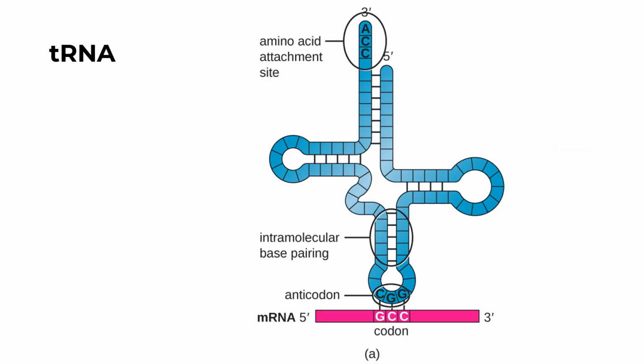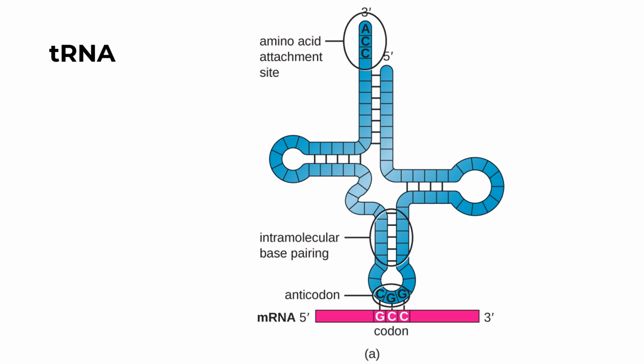It is the job of the tRNA molecules to carry amino acids to the ribosomes and match them to their appropriate codons. tRNAs have 2 important structural features: an amino acid attachment site and an anticodon that can form hydrogen bonds with a complementary codon in the mRNA.